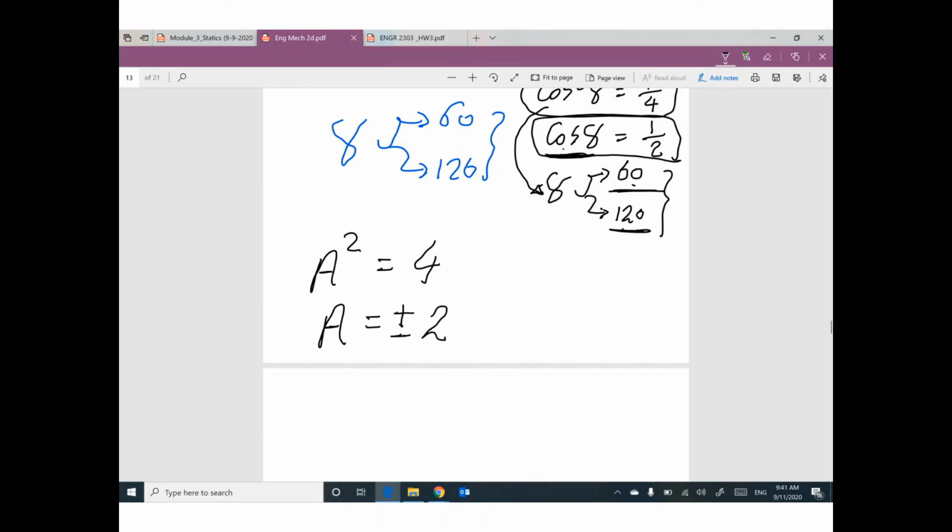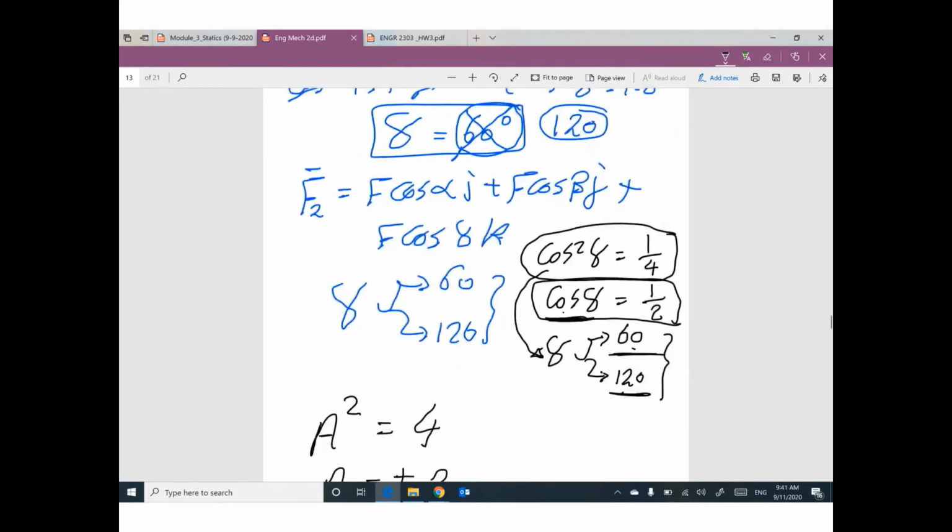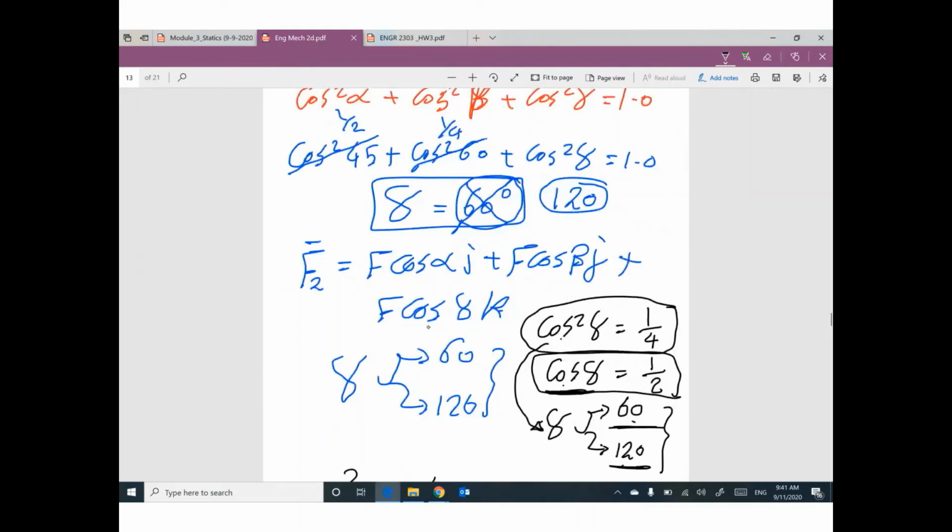So right now we have cosine square gamma equal quarter. So cosine gamma will be positive or negative 1/2. If you are using a positive 1/2, you can get 60. If you are using a negative 1/2, you can get 120. So we have two angles for gamma, 60 and 120.